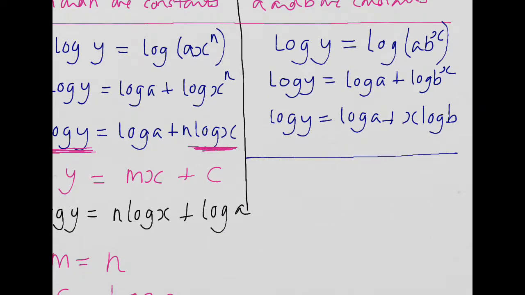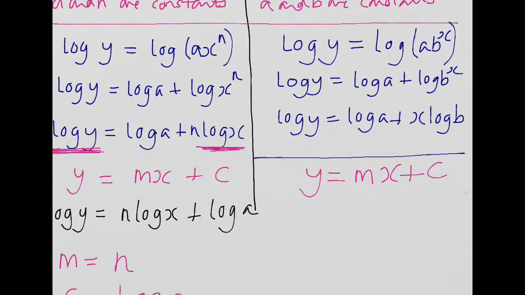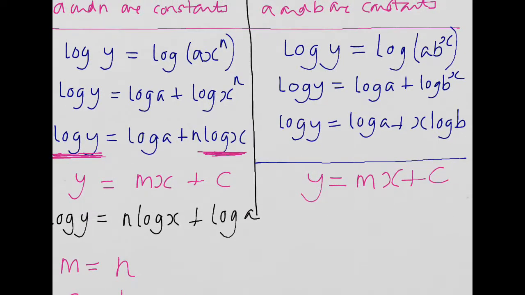Now, I want you to compare this to y equals mx plus c and write it underneath. Off you go. Have a go now. See if you can do that. So what I'm hoping you've realised is that the y would be the log y, and the mx would actually be x log b.